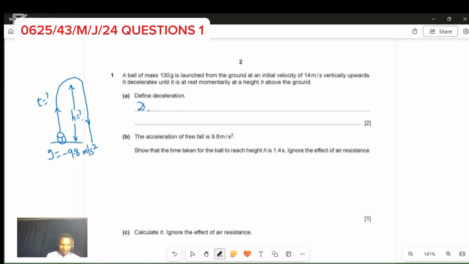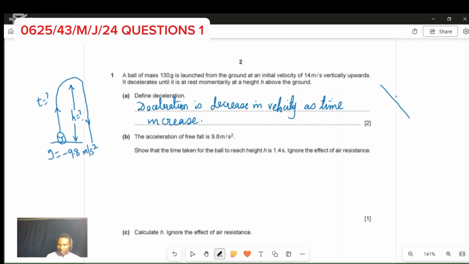Deceleration is decrease in velocity as time increases. So velocity is decreasing.